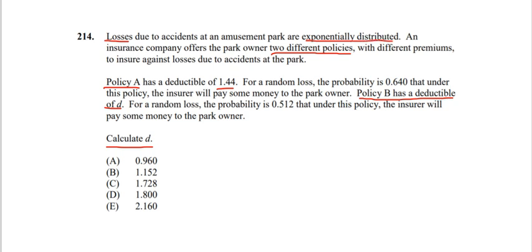So let this x be the loss, for an exponential distribution. This lambda we don't know, right? So lambda we don't know. Okay, so the question is, for A we have this deductible.